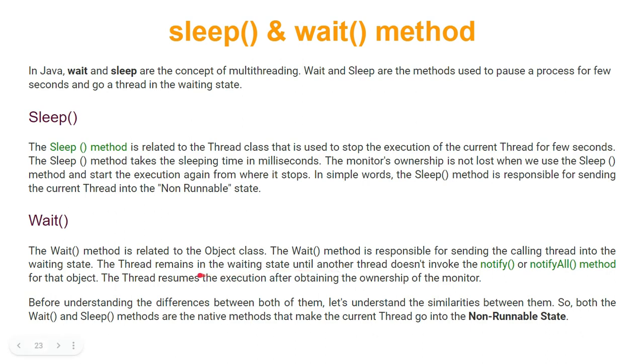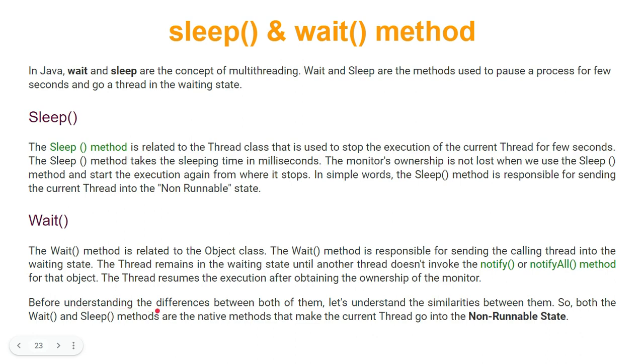We are not giving any time in milliseconds. The thread remains in the waiting state until another thread invokes the notify or notifyAll methods for that object. The thread resumes execution after obtaining the ownership of the monitor.